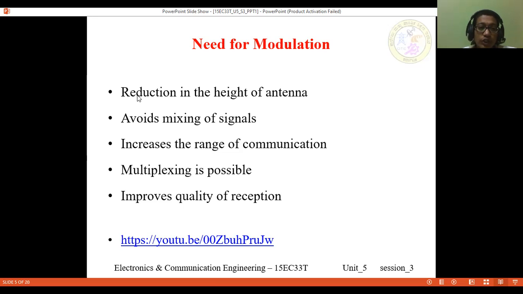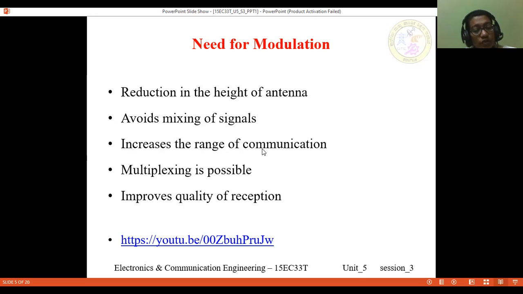If we do modulation, the antenna height can be reduced, and we can avoid the mixing of signals at adjacent transmitters. If both transmitters are emitting the same audio frequency signal, there is a chance of interference and mixing of those signals, which can be avoided by using modulation.